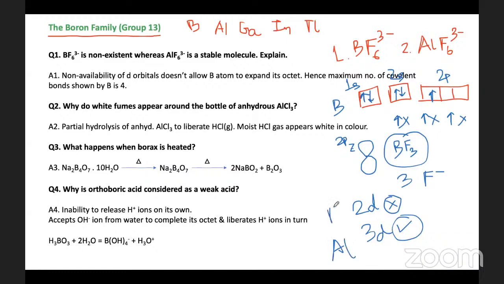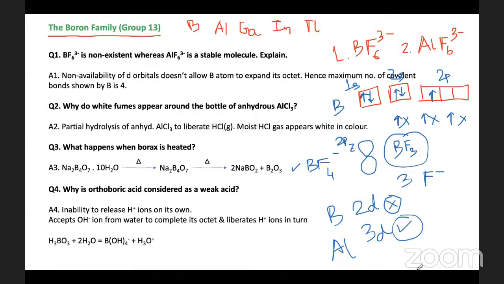But for boron, since the principal quantum number is 2, there is no d orbital. So boron cannot accommodate these 3 F- ions. Rather, it can only accommodate 1 F- in the vacant p orbital. That's why boron forms BF4-. So BF4- exists, because in the vacant p orbital boron can accommodate 1 F- anion.